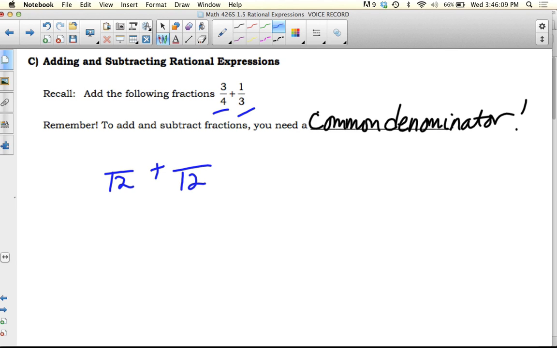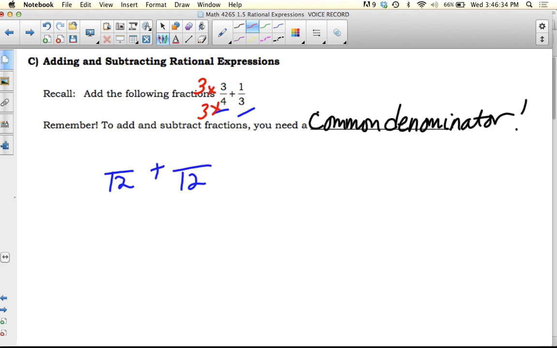So if I look at my original question, I've now turned 3 over 4 into a fraction with a denominator of 12. How did I get from 4 to 12? I had to multiply that by 3, right? So whatever I do to the bottom, you have to do to the top as well. So I also have to multiply the top by 3, okay?